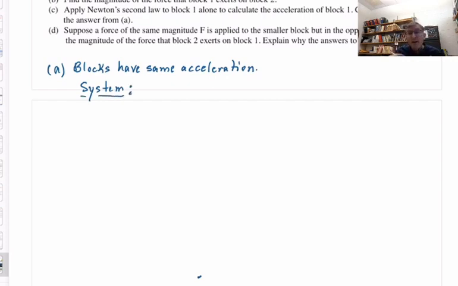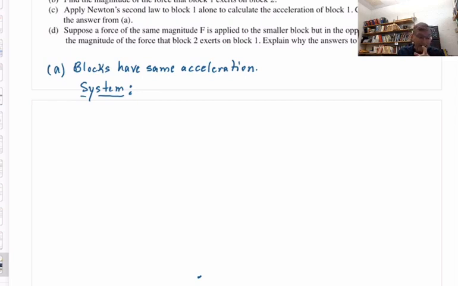And we, as the problem solvers, have to pick the system. A lot of the times that's not complicated because there's just one particle moving around, and so that's the system. But also, quite frequently, you have scenarios where there's 2 or 3 or more particles involved. Here I have 2 particles involved, 2 blocks. So now you have more options for what to pick as the system.